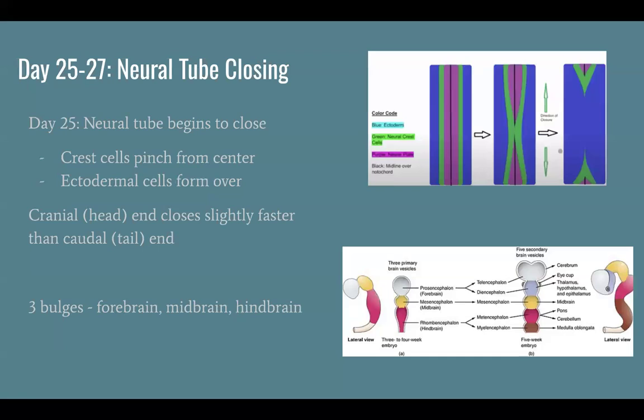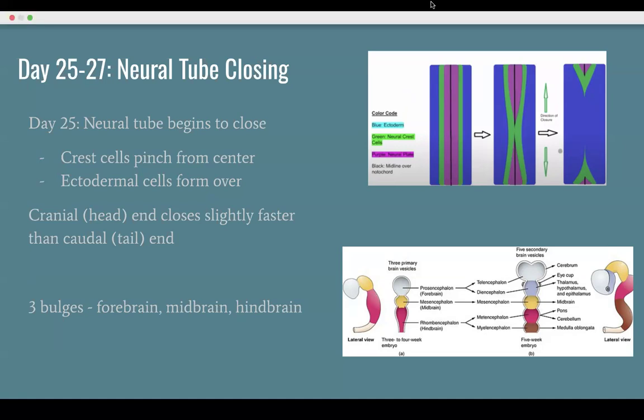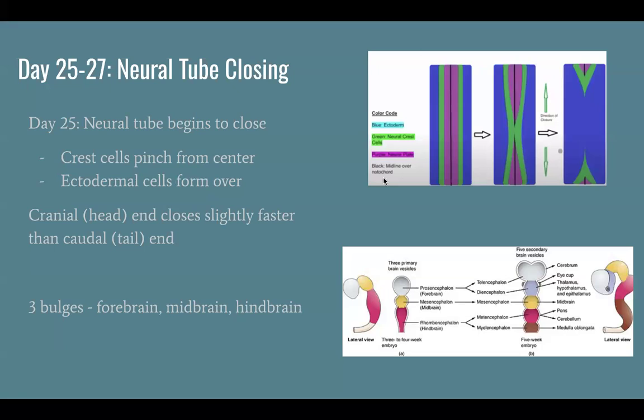Well, I'm not sure if this is completely accurate, but the way I've justified it is that if it closes faster, then your brain has a little bit more time to develop, and it needs more time than your hind end to develop. So that's kind of how I think about it.